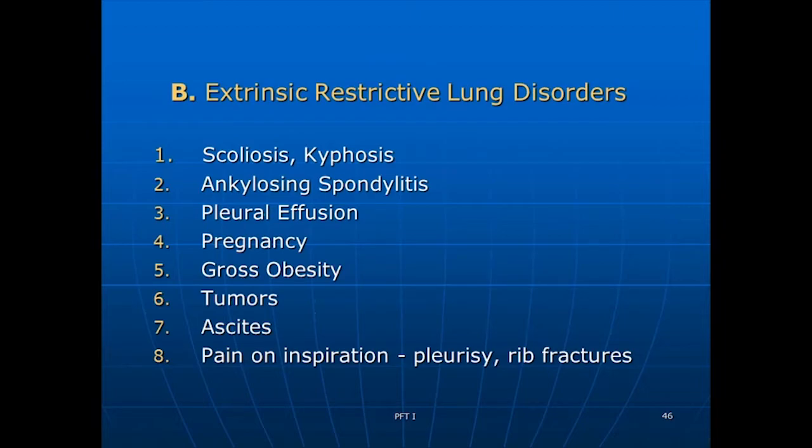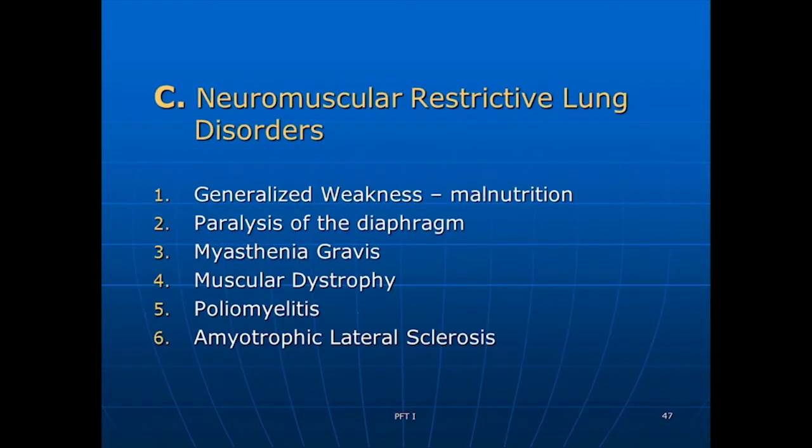So we talked about intrinsic means on the lung tissue itself. Extrinsic is outside of the lung tissue. And then anybody who has a neuromuscular disease, patients that have myasthenia gravis, ALS, MS, any type of disease that may affect the neuromuscular transmissions, that may affect the diaphragm or any kind of muscles to the lungs, is going to be called a restrictive disease.